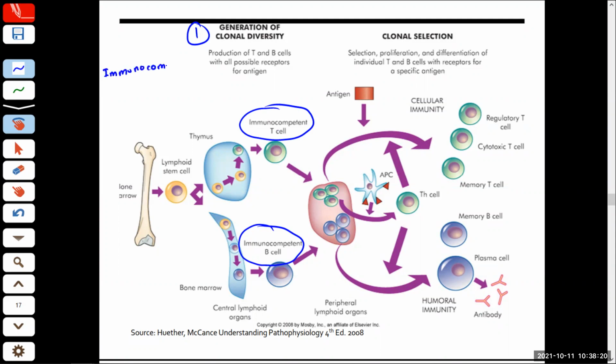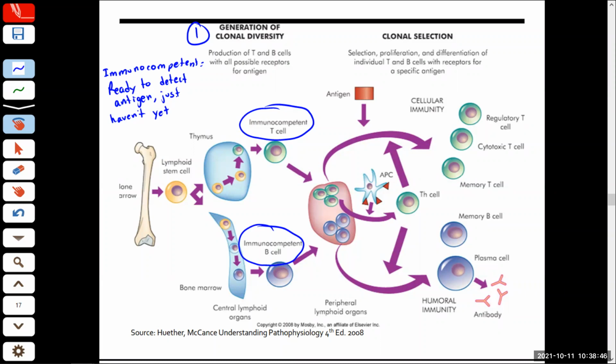Immunocompetent. They are ready to detect an antigen, but just haven't yet. You're ready to work, but you just haven't started working yet.